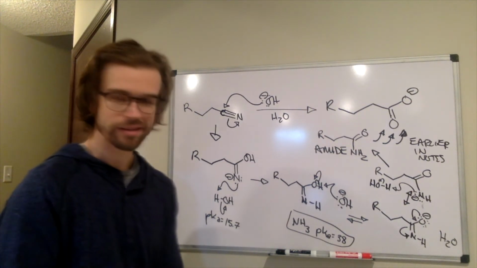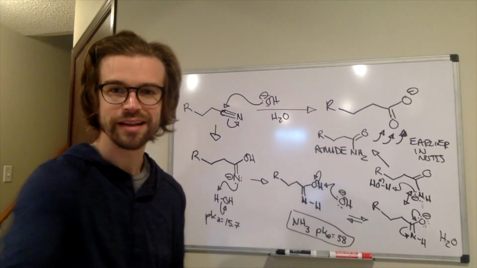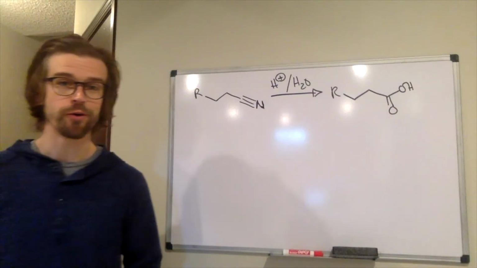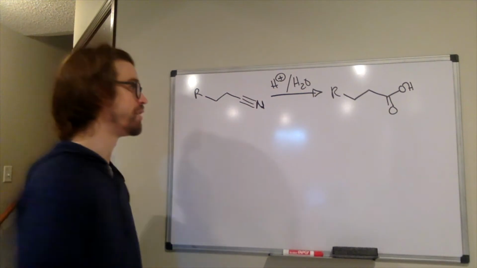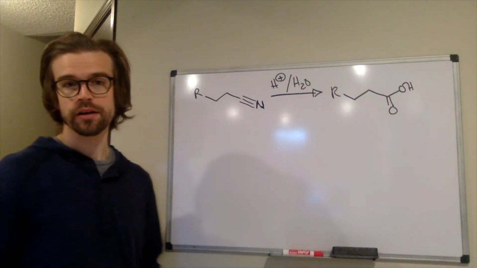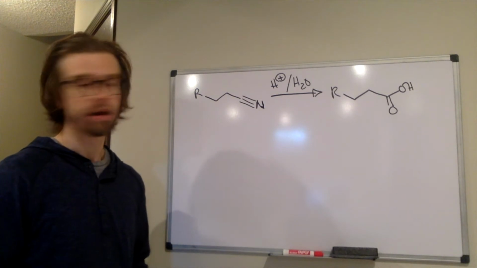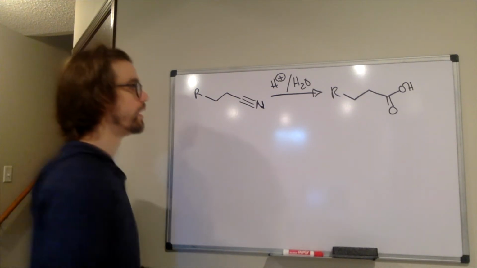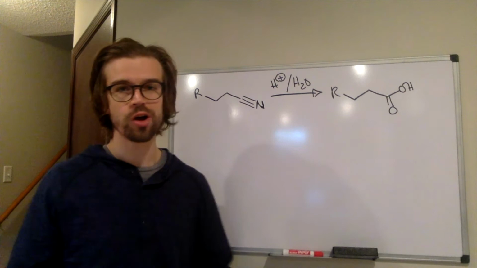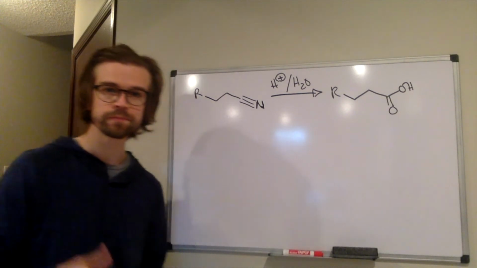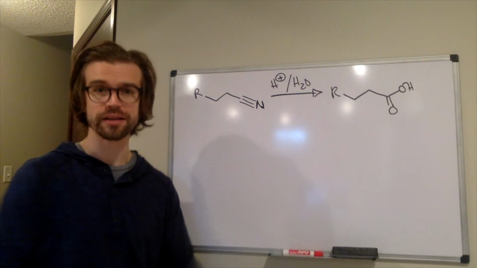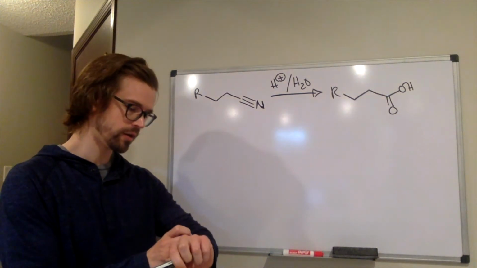That being said, let's now look at the acid-catalyzed nitrile hydrolysis. All right, so what about acid-mediated hydrolysis of nitriles to carboxylic acids? How's this one going to work? Water, is that a strong or a weak nucleophile? Yeah, we learned way back in chapter 7 that that's a weak nucleophile.